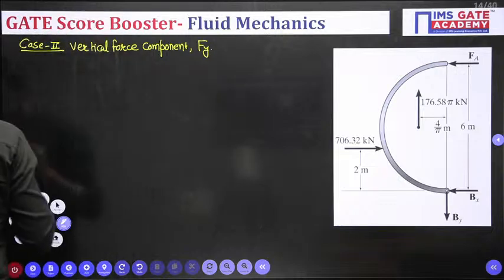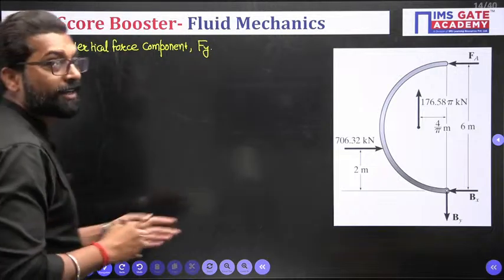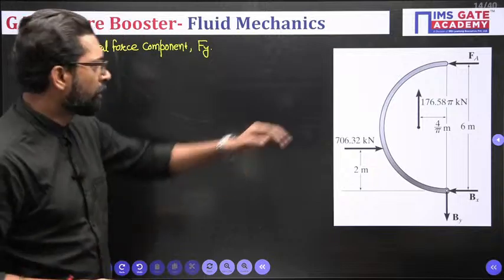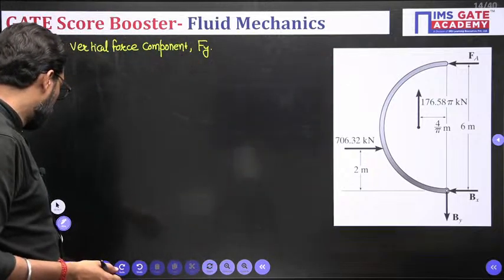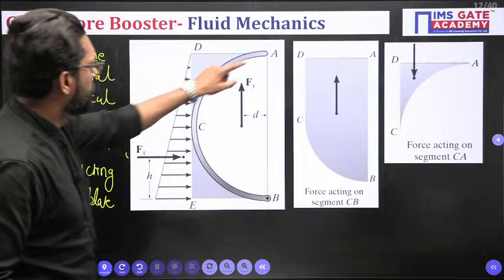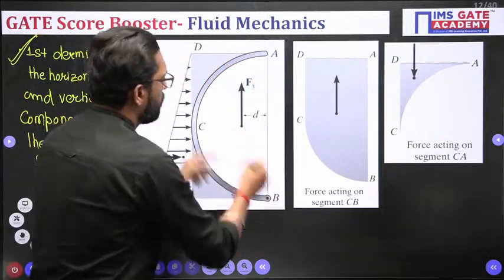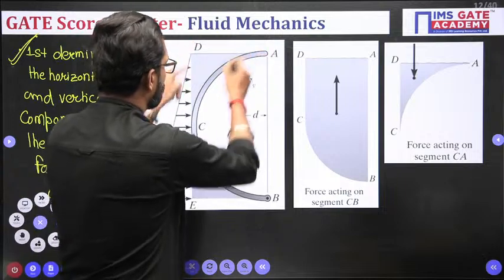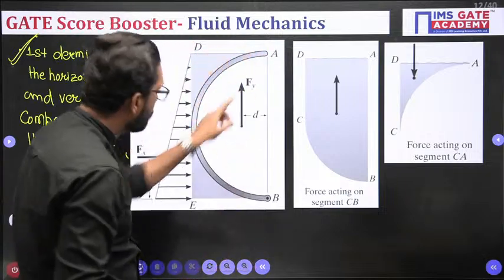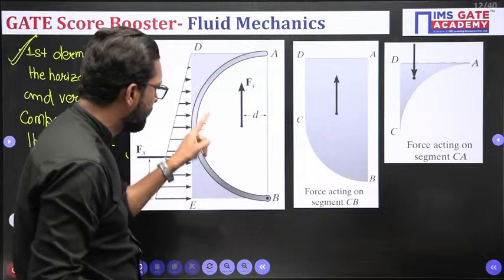So Fy is the water content. You take the projection of the lower portion and the projection of the upper portion, so the net is in the curve, that means the volume of ACBA.